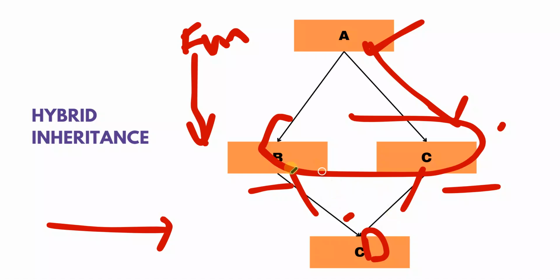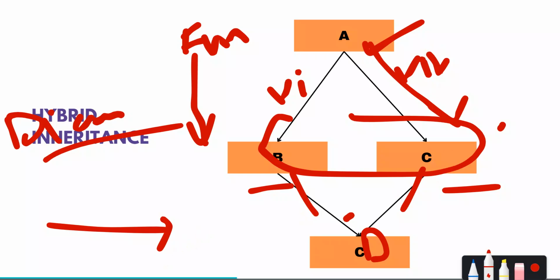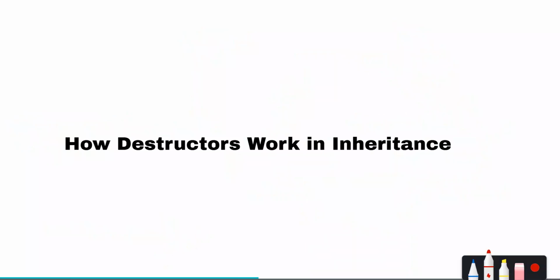Such an issue is called the diamond problem, and to solve the diamond problem, we virtually derive B and we virtually derive C. So I think this is enough for today, and you now know how inheritance works.